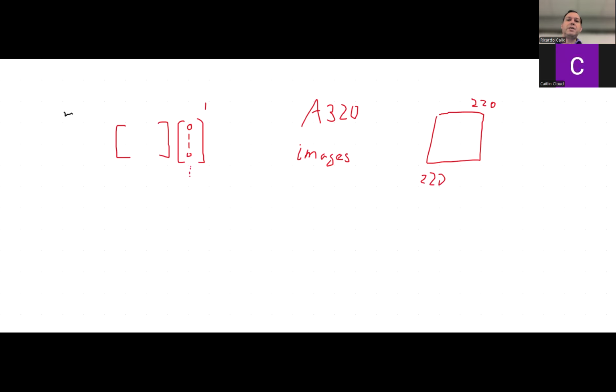All right, so when you have these images, the first thing we have to do is define the size of the image. To keep it simple, so I know these multiplications, I'm going to say these are 28 by 28.